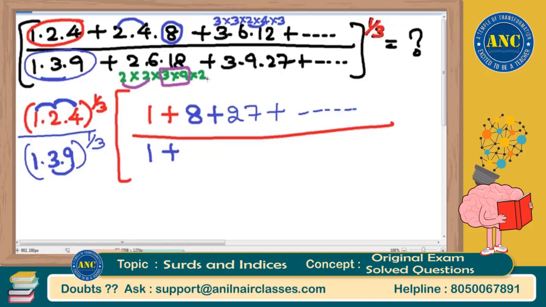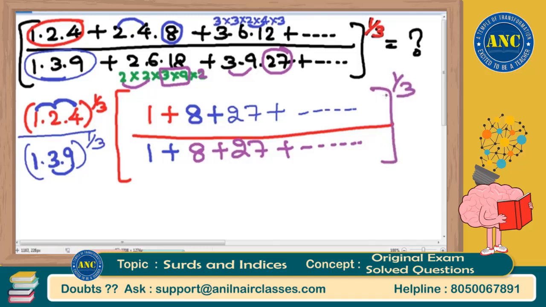You are left with 2 into 2, 4, 4 into 2, 8. Similarly, 27 is taken outside, 3 into 9, 27 is left out. And the same thing continues, whole power 1 by 3.